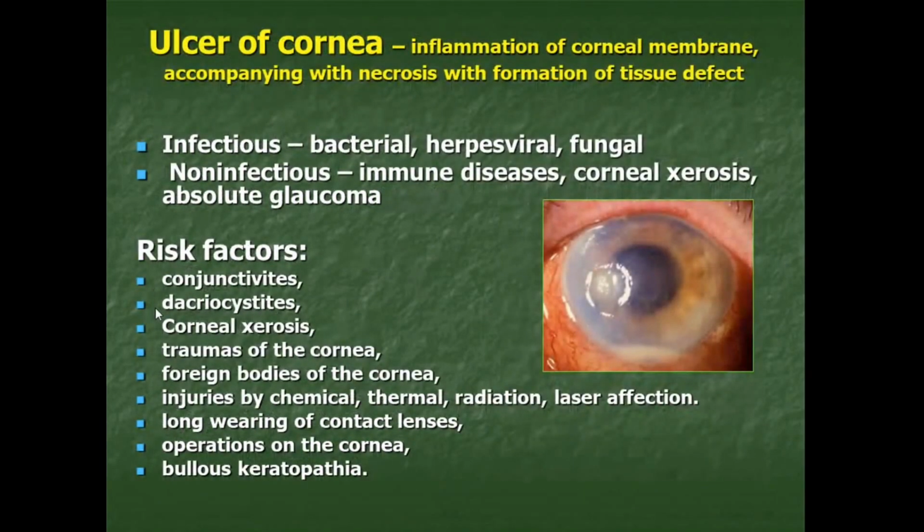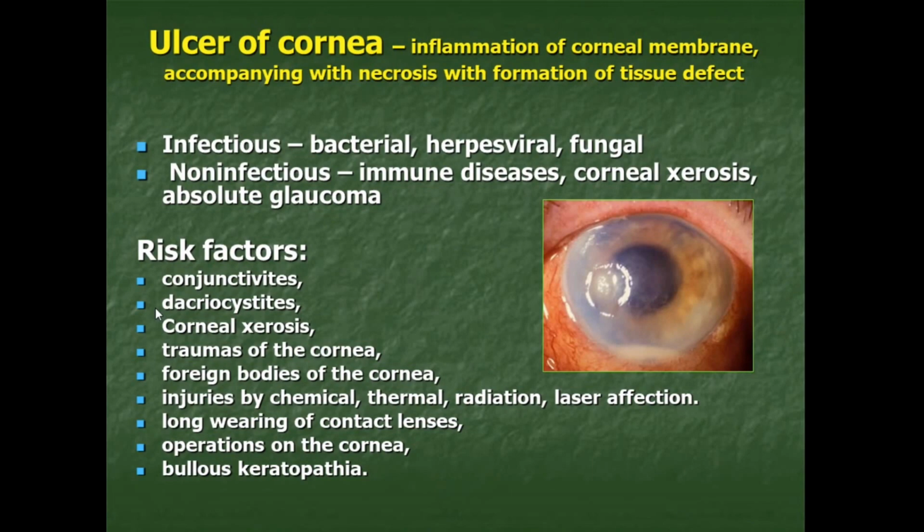Severe keratitis, deep keratitis, we call the ulcer of the cornea. Ulcer of the cornea is the inflammation of the cornea membrane, accompanied with necrosis with formation of the tissue defect.